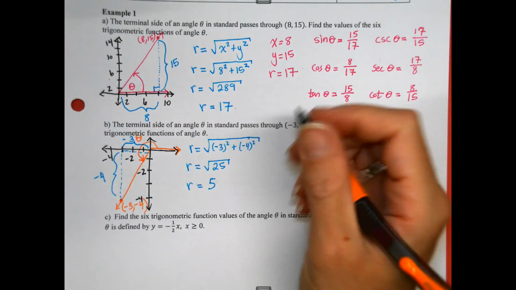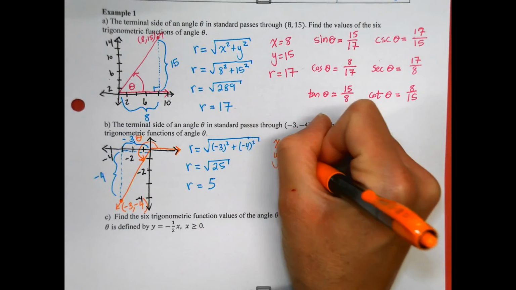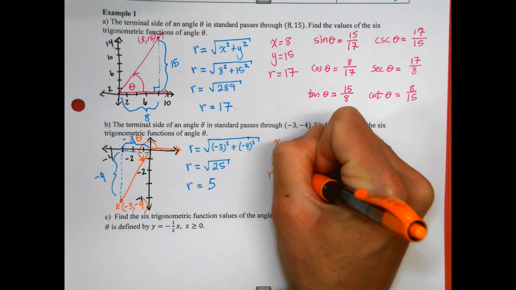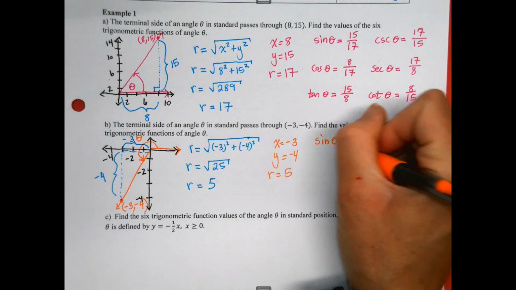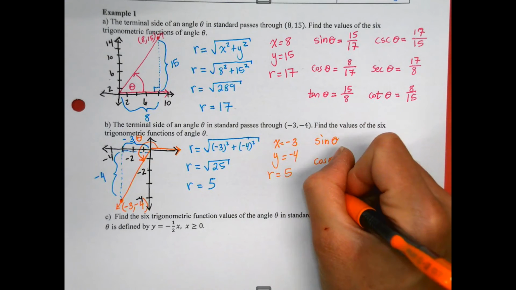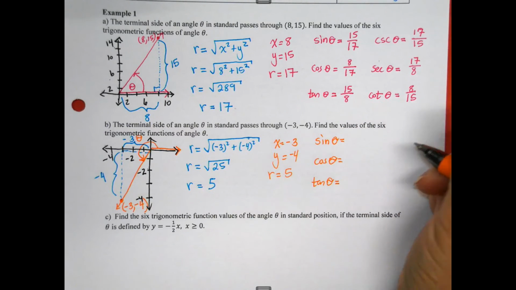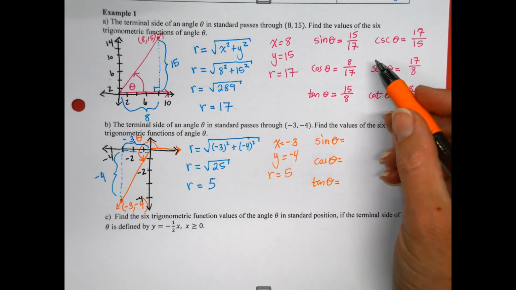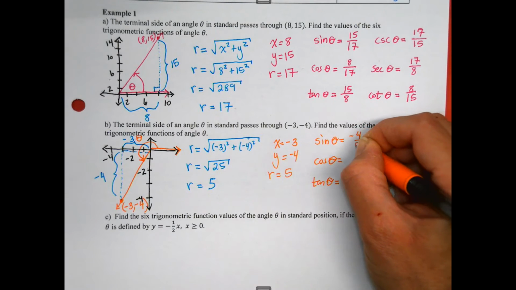We have our x, -3, our y, -4, and our r of 5. We can go ahead and find all of our trigonometric values. Sine is y over r, or -4 over 5.